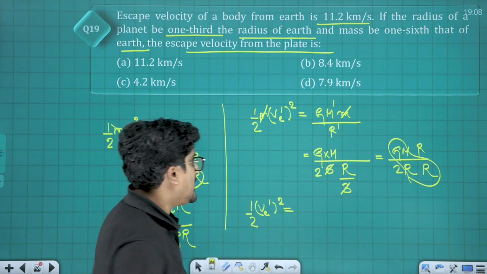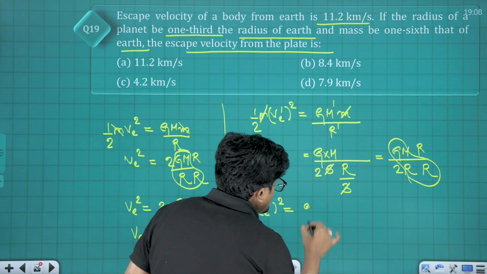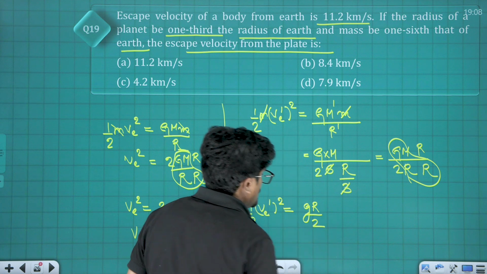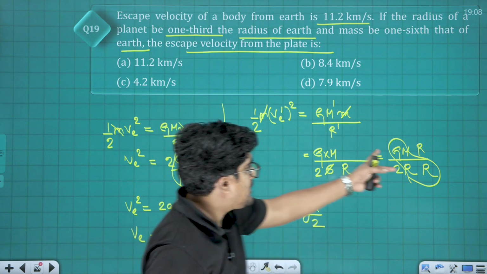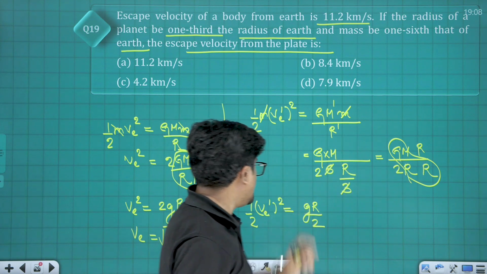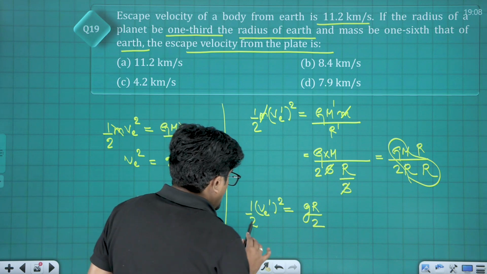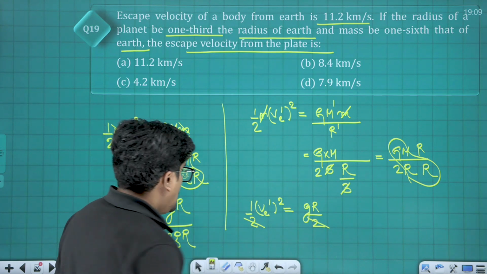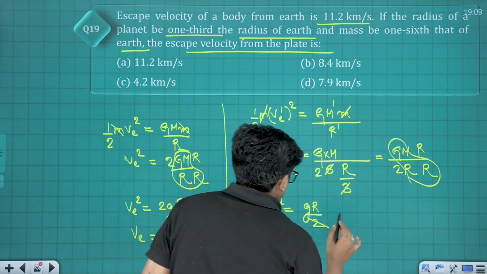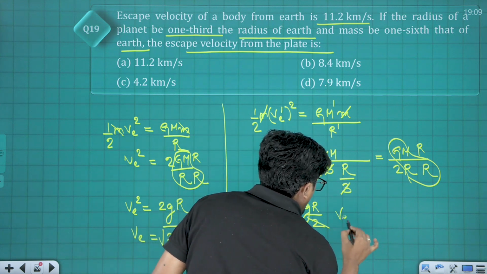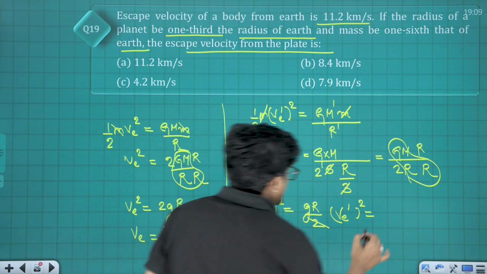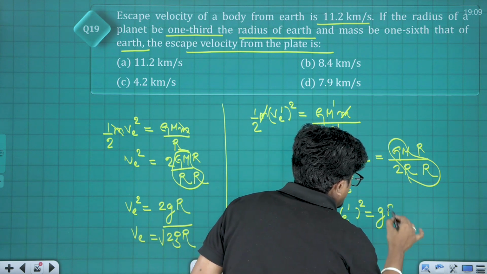Small letter g only. So here this is small letter g into R by 2, isn't it? This is small letter g, here this is R and here this is 2. Now definitely this one and this one will cancel each other. Fine. Now VE dash square is coming as g into R.